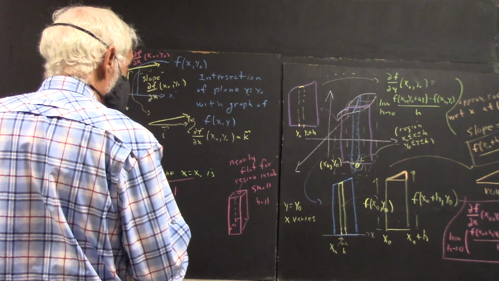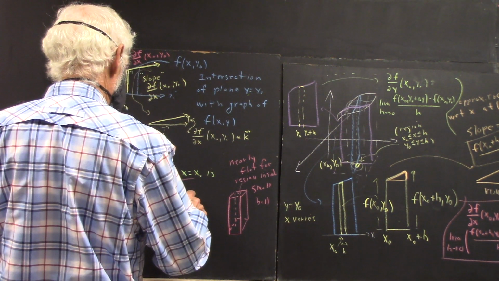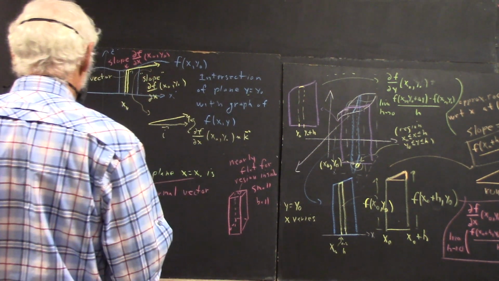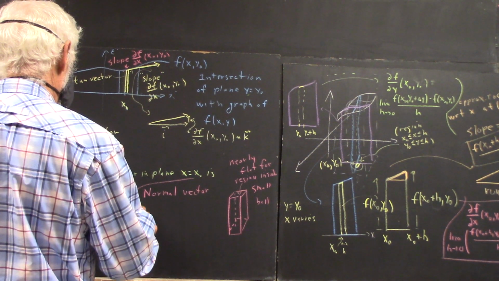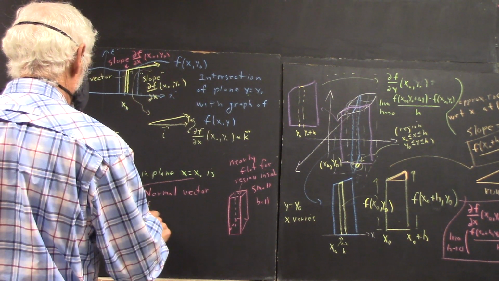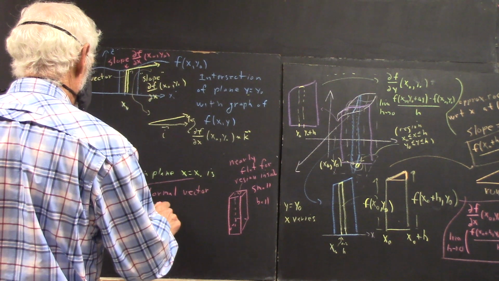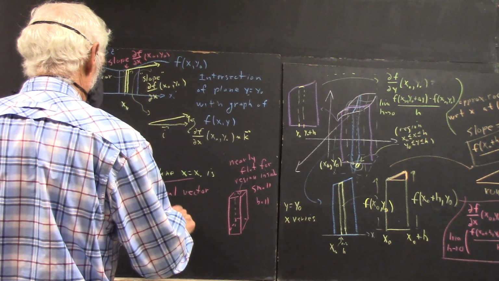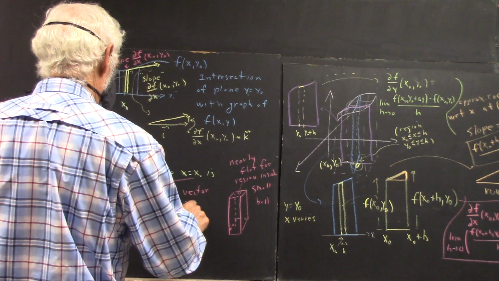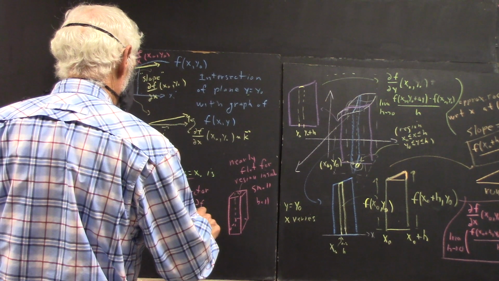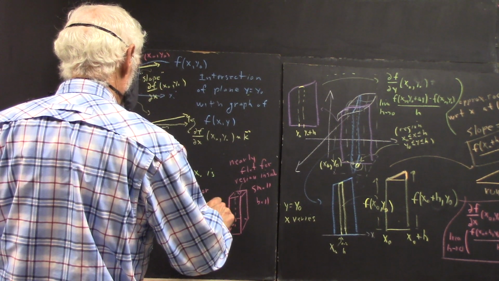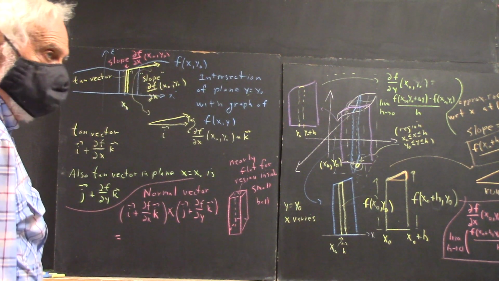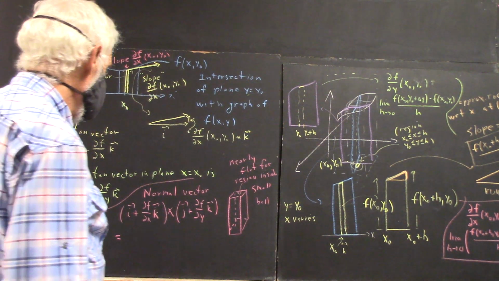The normal vector is K, and of course, that normal vector, you don't need a determinant to evaluate this.